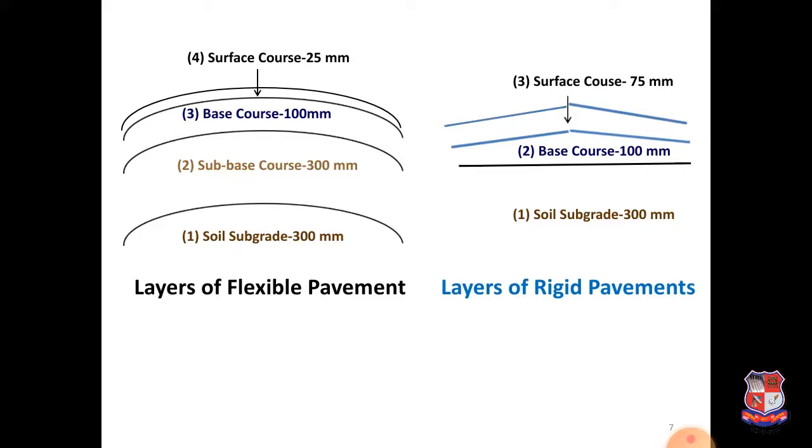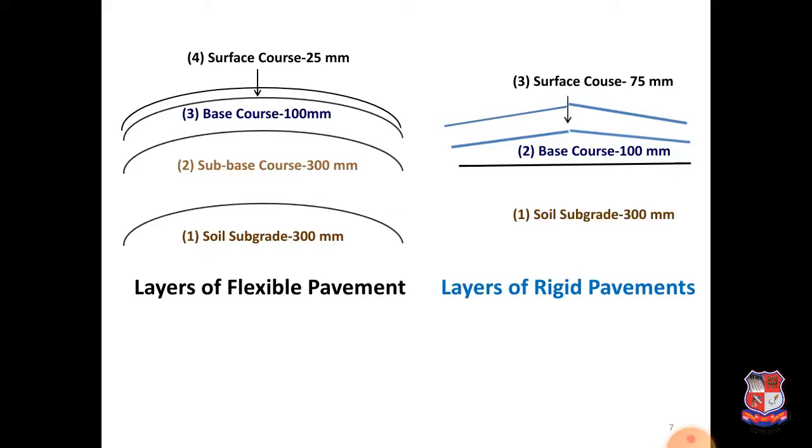Layers of flexible pavement and rigid pavement. In flexible pavement, from the bottom side, the first layer is soil subgrade having thickness approximately 300 mm. Above soil subgrade, the second layer is subbase course having thickness approximately 300 mm.